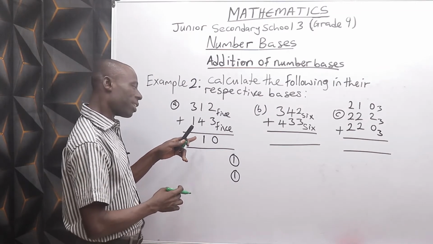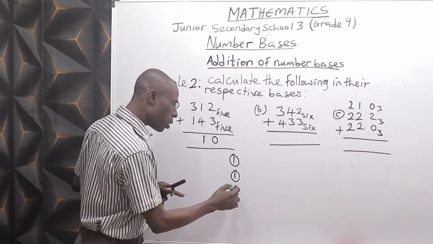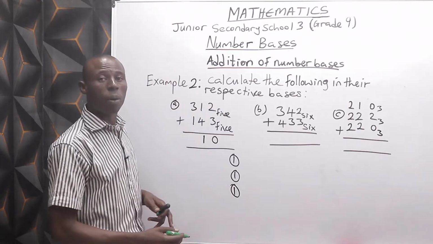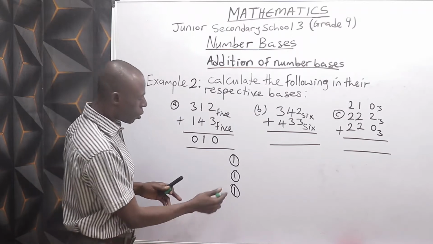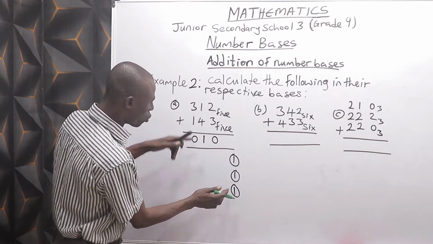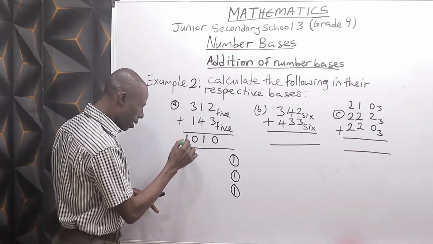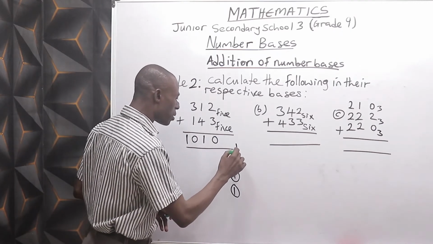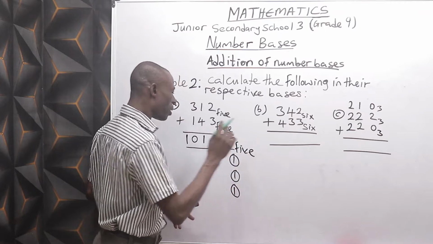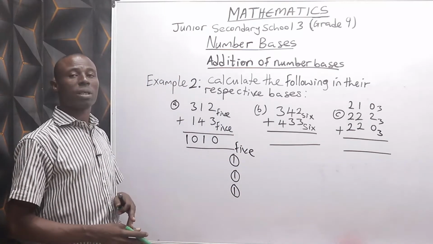You ask yourself, how many times do you have 5 in 5? It's 1, remainder 0. So the one you carry last, that is what you bring to the back here. So your answer is 1010 base 5. And that's the final answer for this.